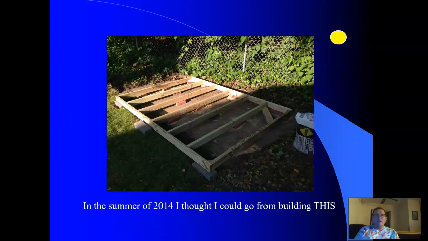Excellent. In the summer of 2014, so exactly 6 years ago now, I think it was in July, I thought I could go from building that quick bottom, that's green lumber you use to build something that's going to be exposed to the weather, to a finished 6 foot by 8 foot shed. I think I made the shed in less than a week.